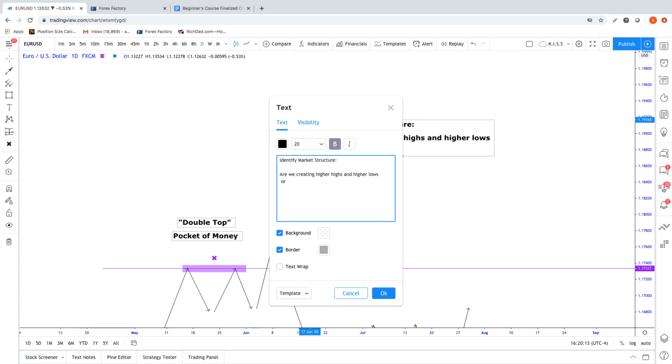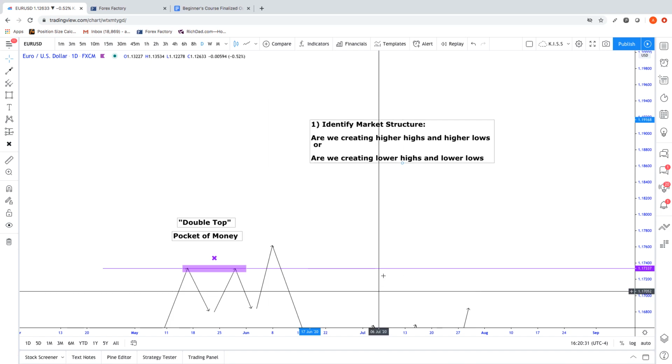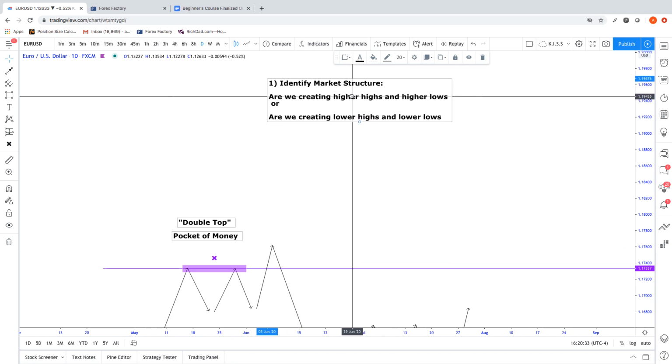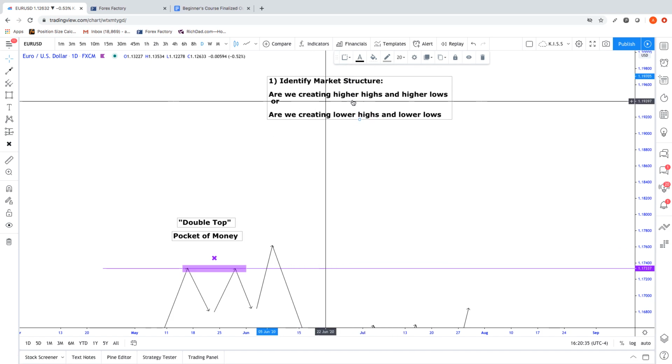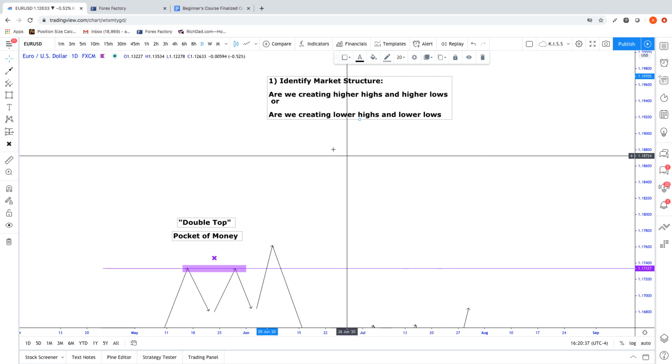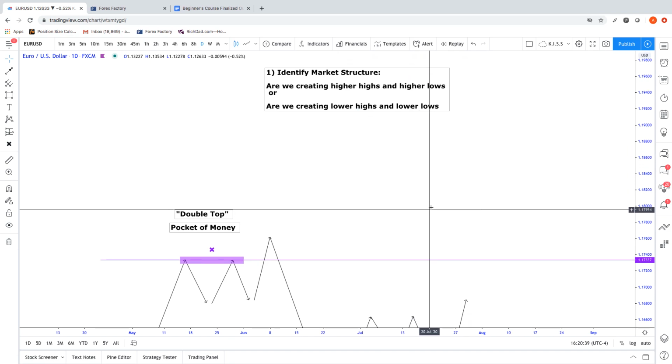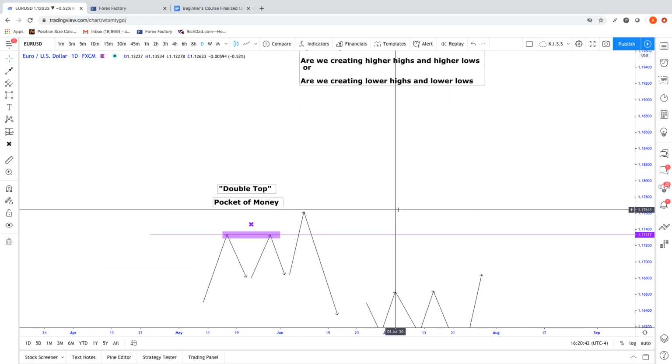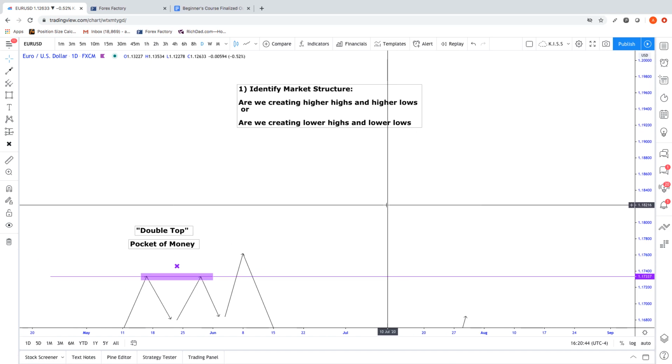Or are we creating lower highs and lower lows? That is number one. The first thing you do when you open up your chart, identify market structure. Identify the trend. Are we creating higher highs and higher lows, or are we creating lower highs and lower lows? Something that we've gone over. That is the first thing you do.